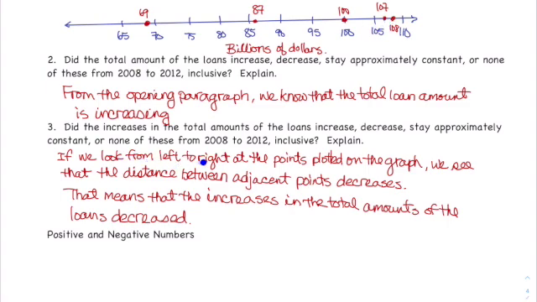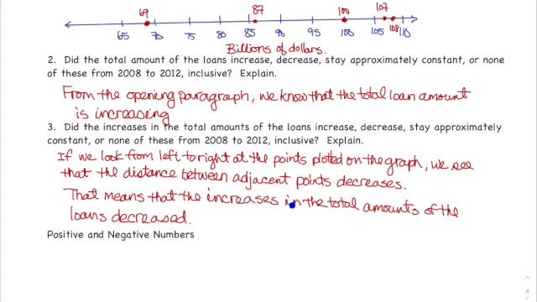If we look from left to right at the points plotted on the graph, which is what I did, we see that the distance between adjacent points, meaning next to it, decreases. Very big, getting a little bit smaller, small, and then very tiny. So the gap between each point decreases as the years go up.